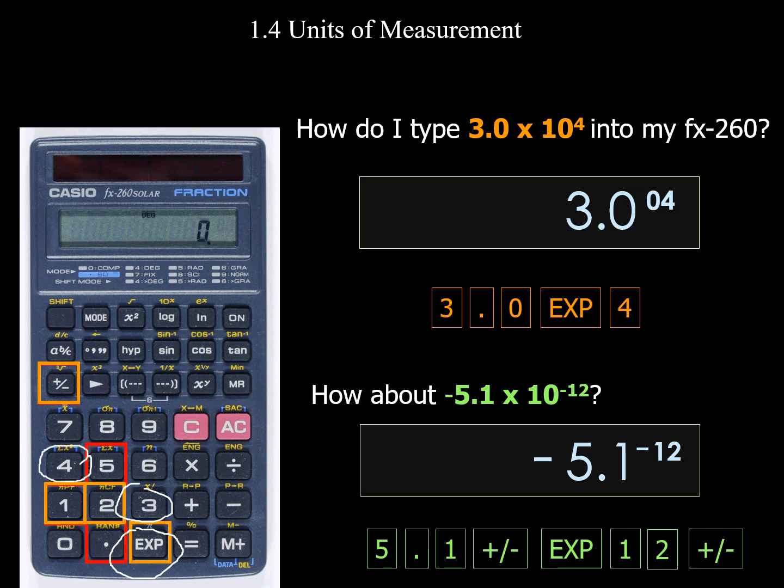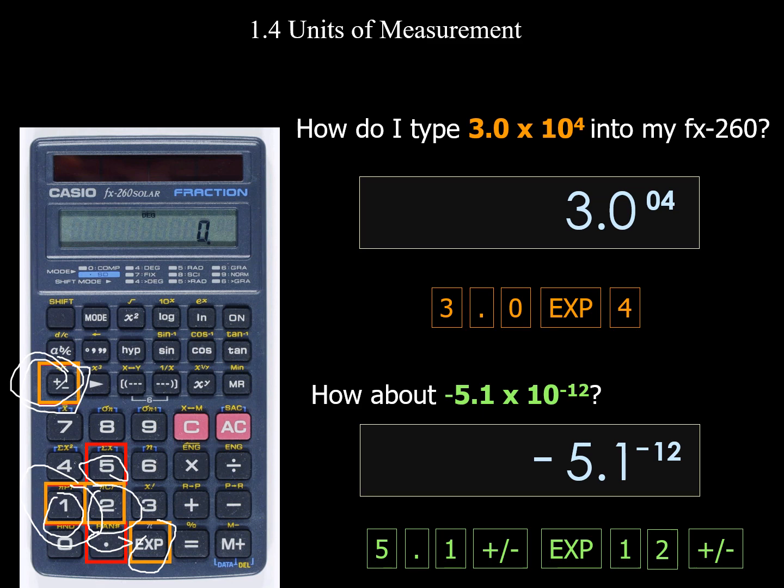Conversely, for a negative number, you'd write the negative number first, followed by 5.1, and then the exponent key again, to the negative 12.